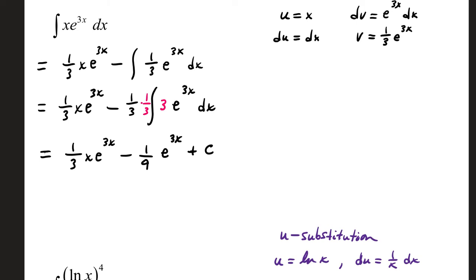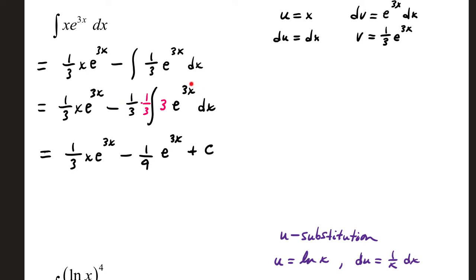The expansion is u times v, so we have 1/3 x e to the 3x minus the integral of v du, 1/3 e to the 3x dx. Our front half stays the same, 1/3 x e to the 3x minus.